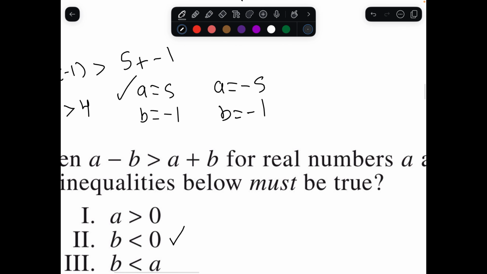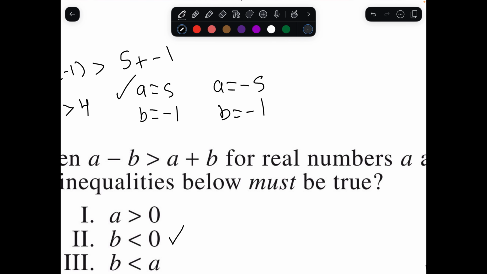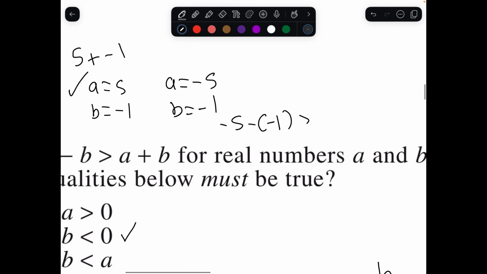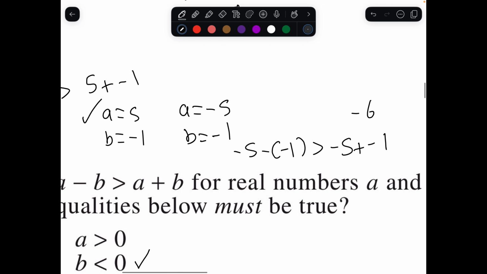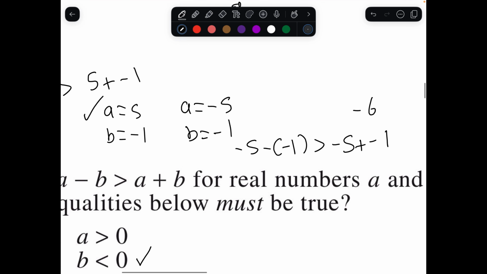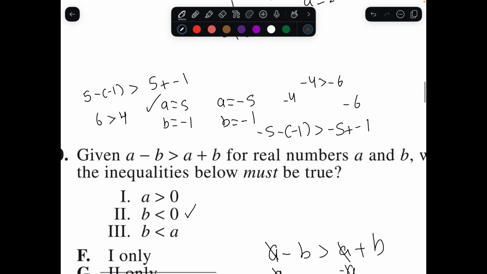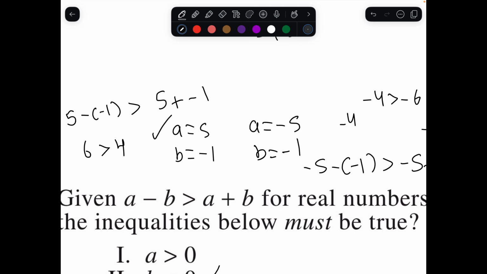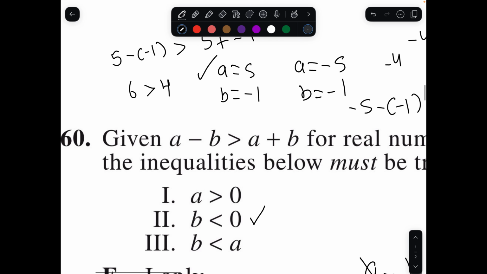Now let's plug in a equals -5 and b equals -1. -5 minus -1 is -4, and -5 plus -1 is -6. -4 is actually greater than -6. And here, a is less than 0, and this still works. This is still true.